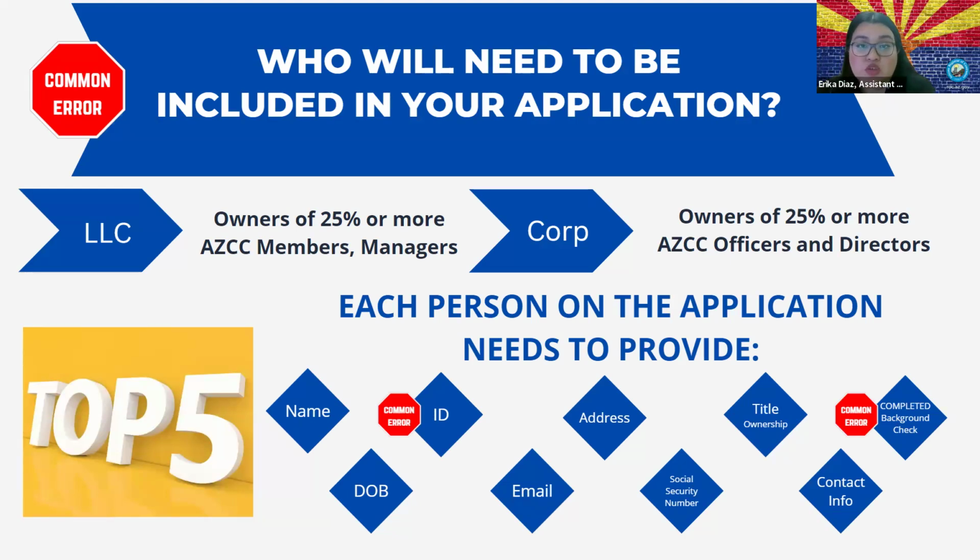The best tool to use is this: whoever you end up listing on Arizona Corporation Commission is required to be listed on our application. Again, they are required to be listed on our application if you list them on Arizona Corporation Commission.